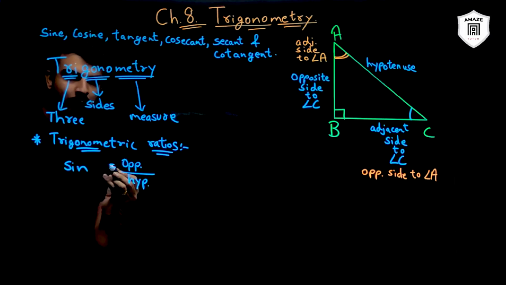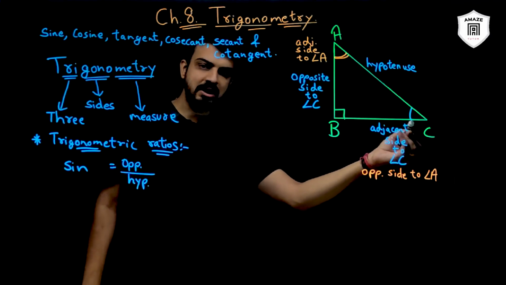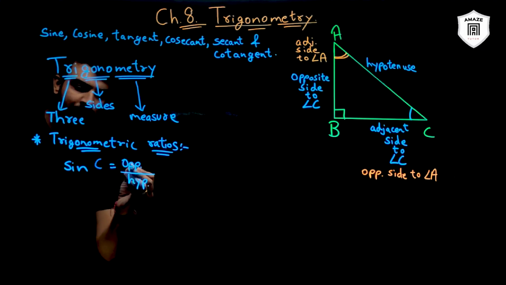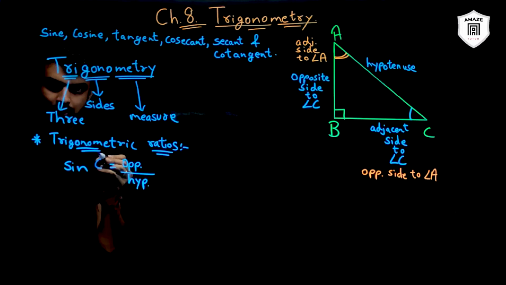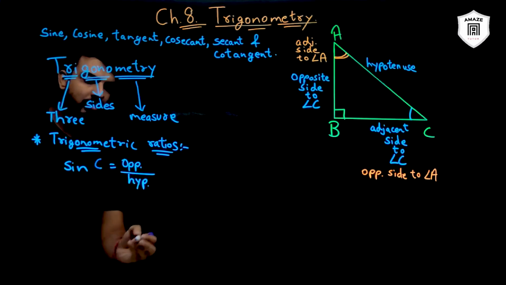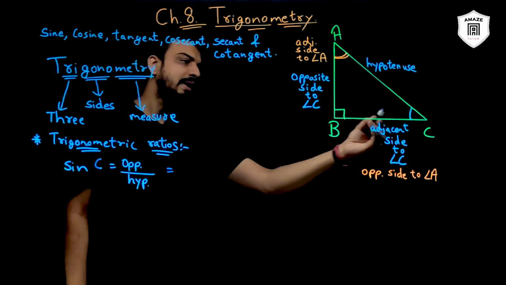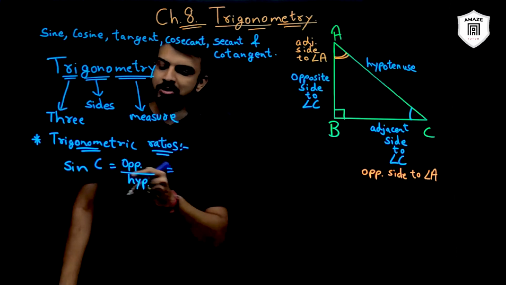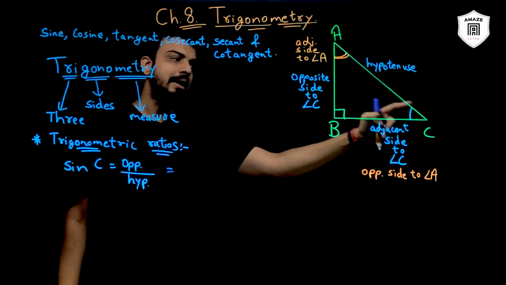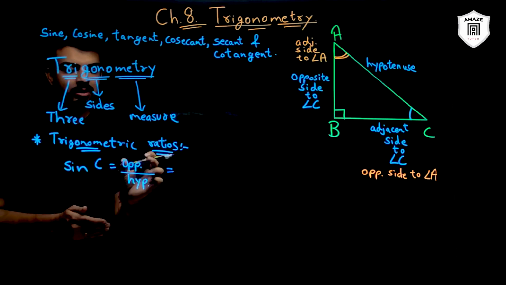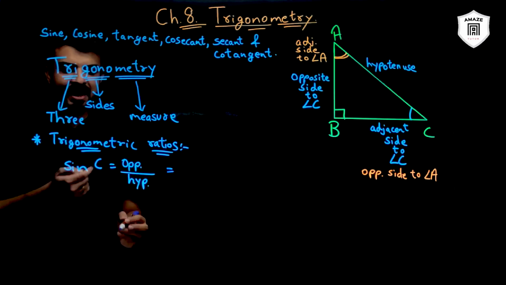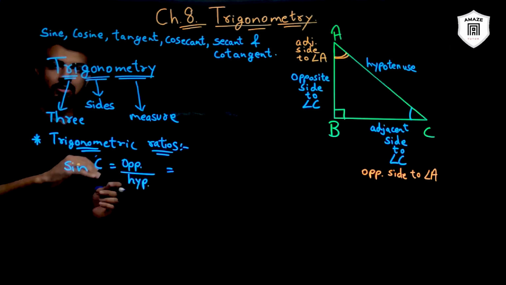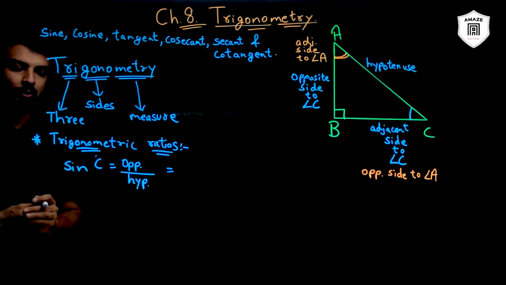Let's take first angle C. So sine C is opposite of angle C, which is AB, and the hypotenuse is AC. So sine represents AB upon AC. This ratio will change as per the angle you are selecting. So this is the formula for sine, which is opposite upon hypotenuse.